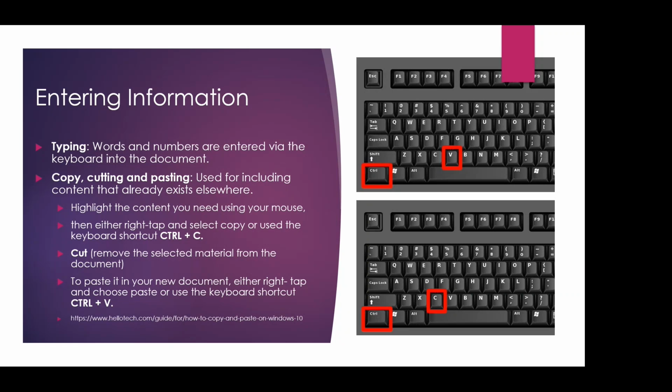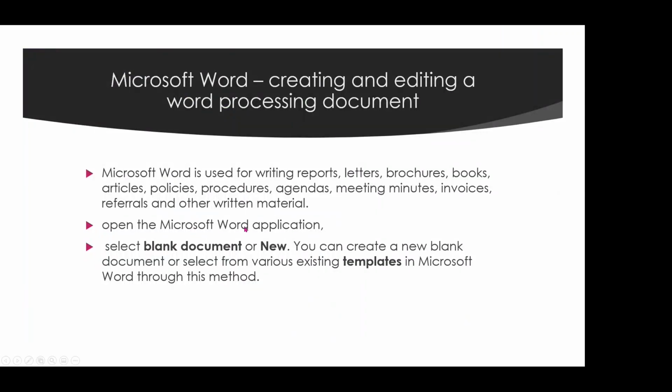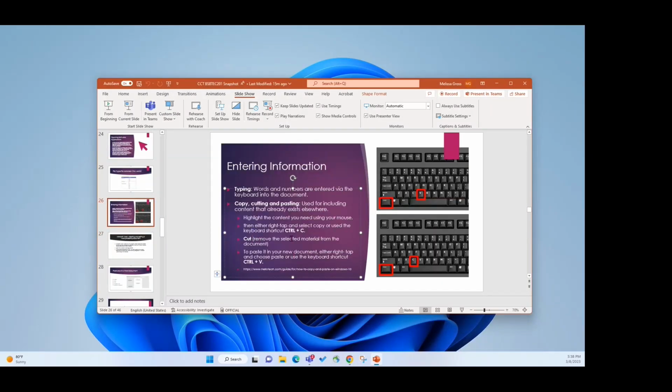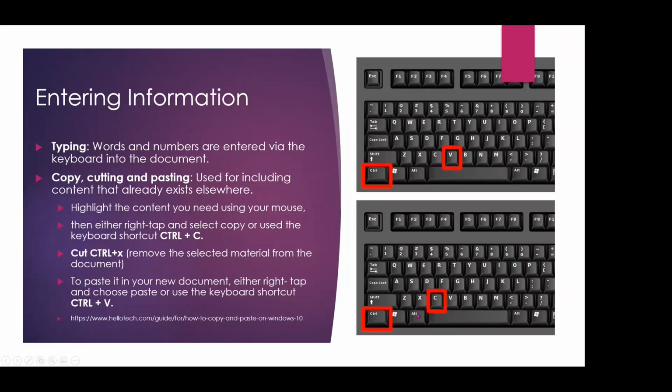Control C, Control V, and Control X. Now, it actually doesn't even have Control X on my slide here, so let me make sure that that gets in there, because cut is Control plus X. Okay, Control C, Control V, and Control X.